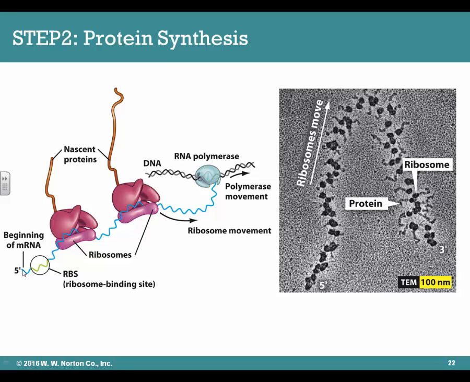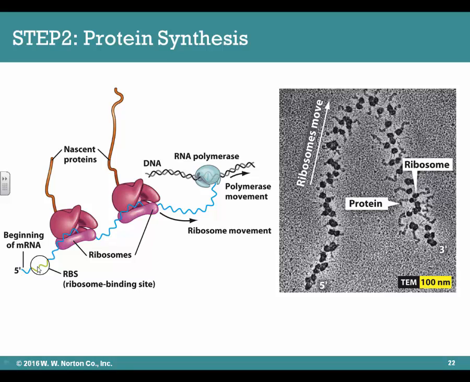So the ribosome has some help finding the start site within the message. There's a little bit of the message on either end, the 5' end and the 3' end, that are not translated. They're called untranslated regions.